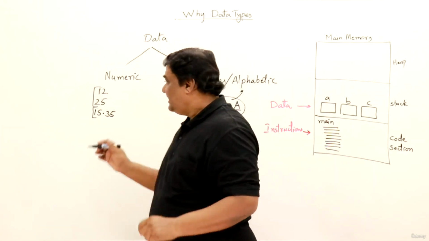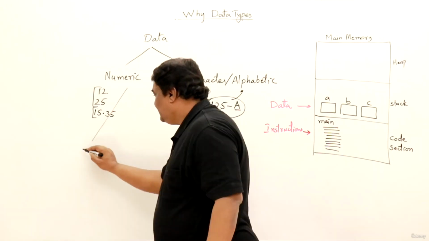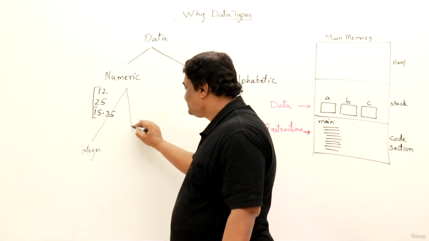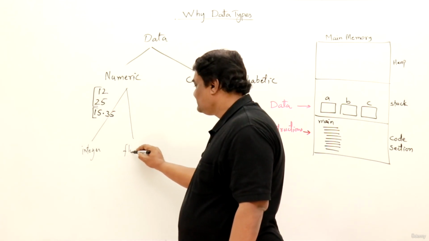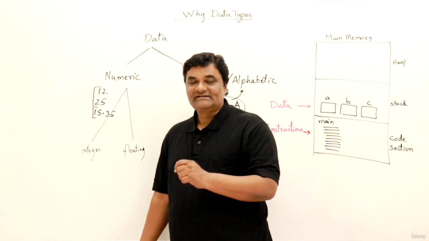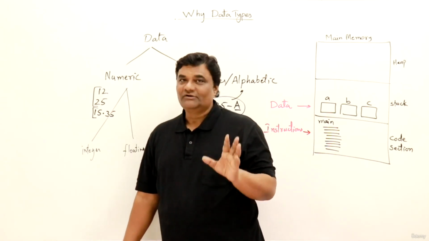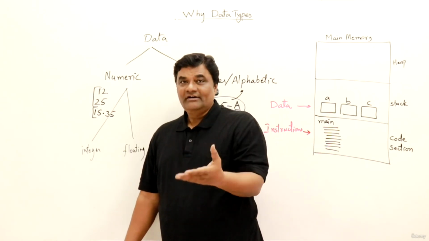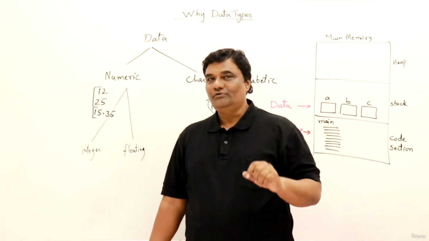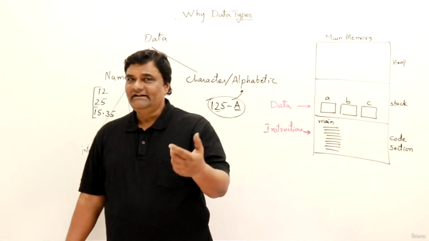So I will categorize numbers as integer, that is without a decimal, and the next is floating point, that is with a decimal. Floating point means decimal only, right? The approach of representing a decimal number is called floating point. You will understand this later.